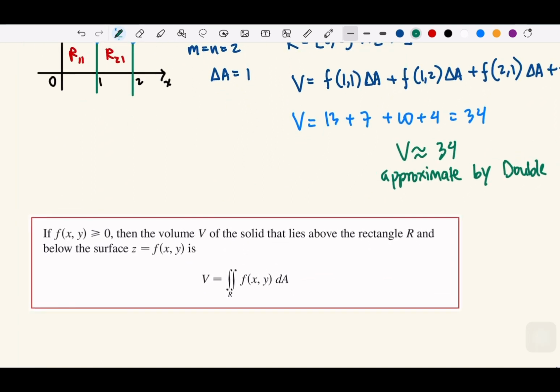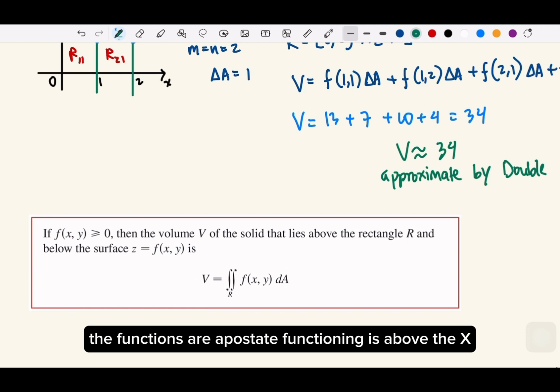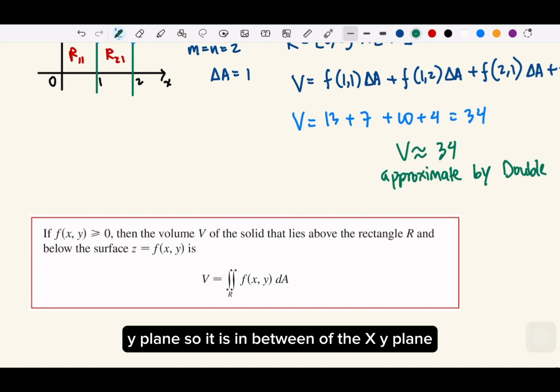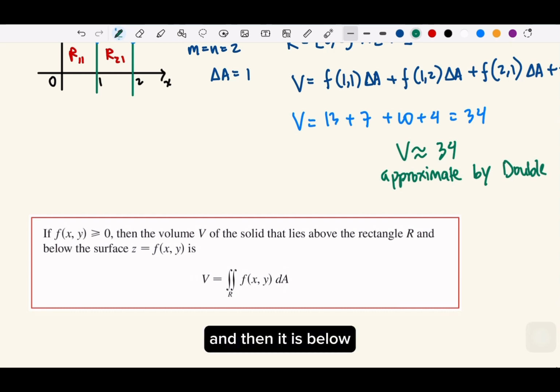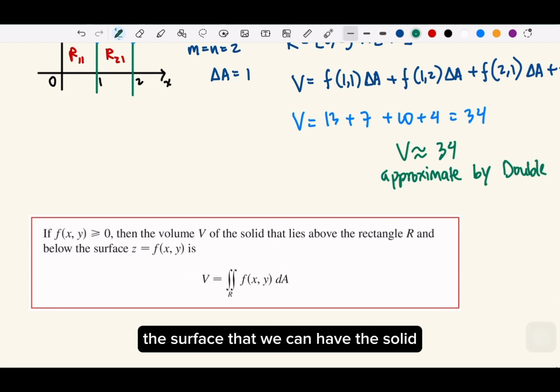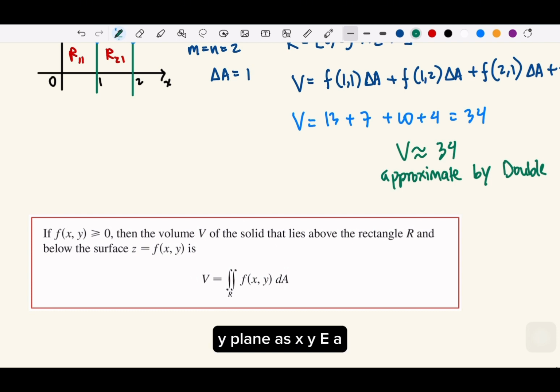If the function is a positive function, meaning it's above the xy plane, not below, and it is below the surface, then we can define the solid volume as the double integration on the rectangle on the xy plane of f(x,y) dA. This is just another definition.